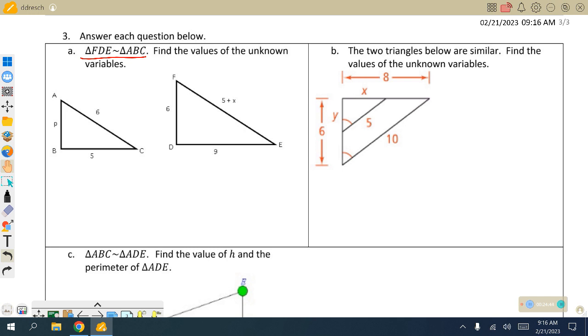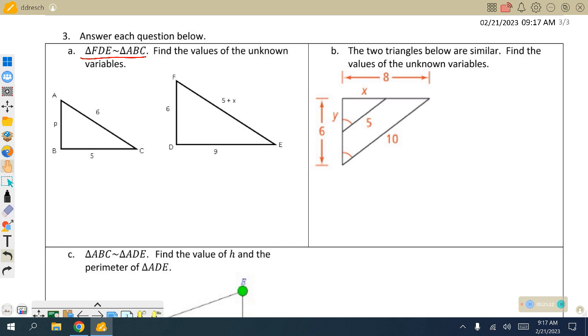By knowing that these two triangles are similar, what we can do is create a proportion. We're all about proportions. When you see the word similar up there, think about proportions. When you look at these two triangles, what is a side that you know for sure in both of these triangles that kind of links it all together? The bottom one, right?